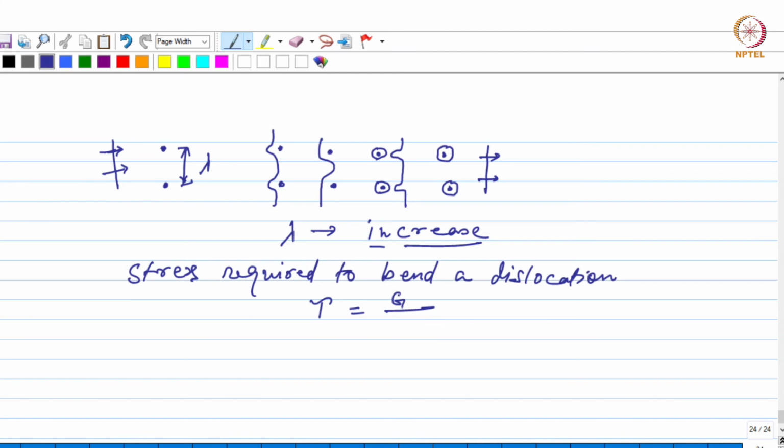If we call that stress as tau, tau will be given as GB by 2R, where G is the shear modulus, B is the Burgers vector of the dislocation, and R is the curvature. And lambda can be taken as equal to 2R.